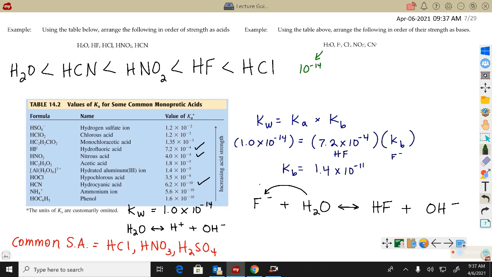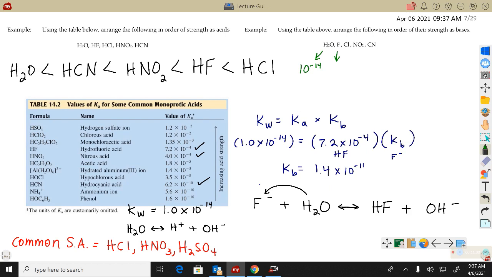Now, if I have a calculator, I can obviously do kind of what I did in blue. I could calculate the Kb's. If I don't have a calculator, I'm just going to use my noggin and estimate. So what I'm doing is taking that 10 to the negative 14th and dividing by the Ka. Do you remember how if you divide in scientific notation, you just subtract the exponents?